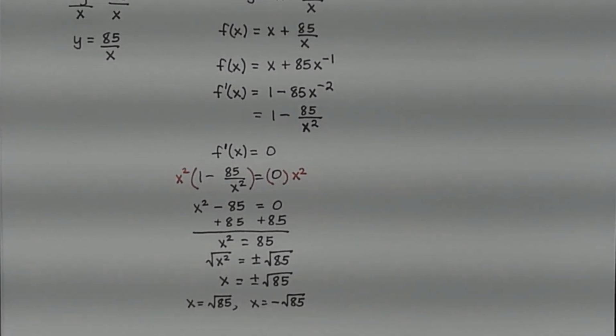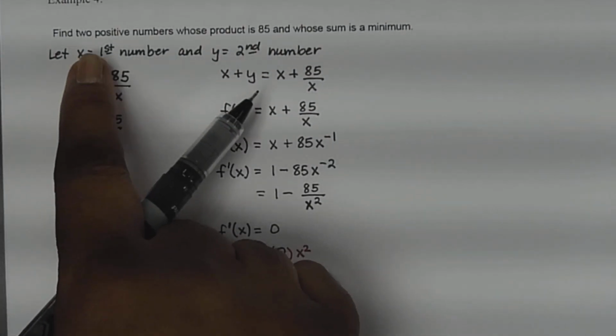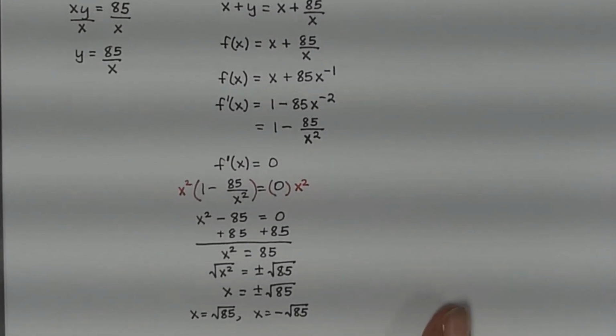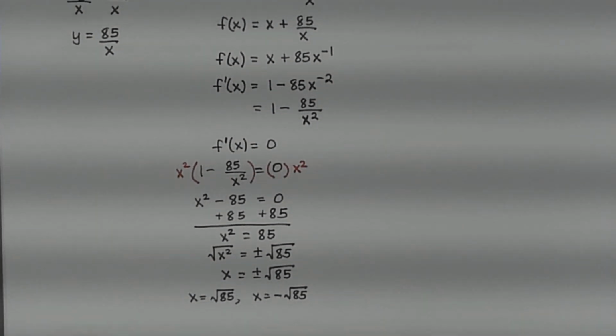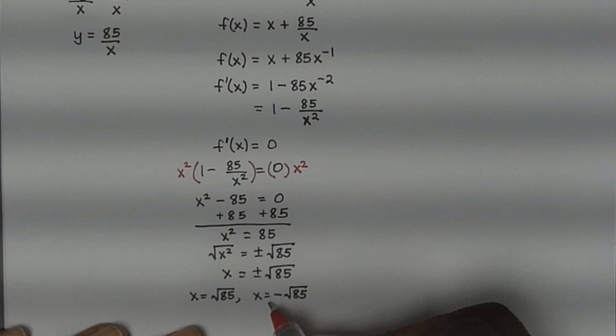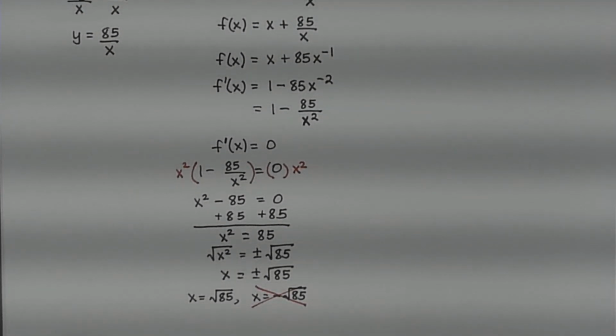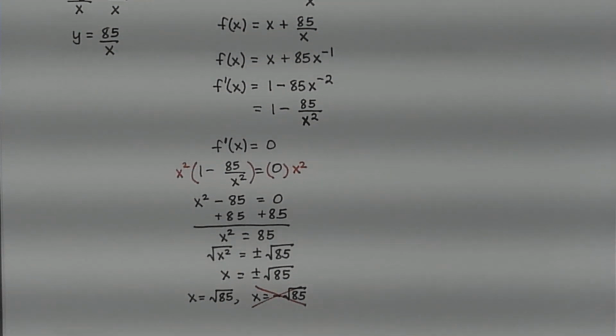However, the problem does mention that I need to find two positive numbers, and in this case one of them is negative. So I need to eliminate that negative square root of 85. So we know what x is, the square root of 85.